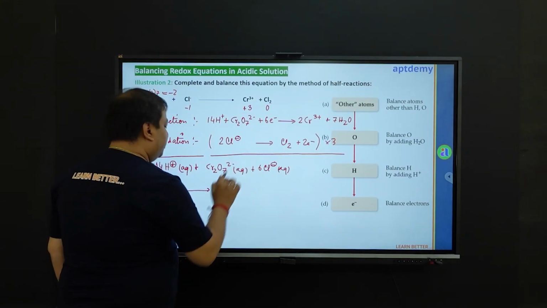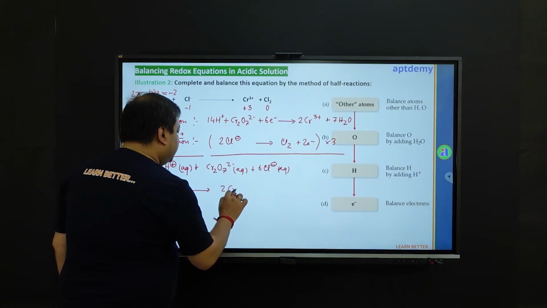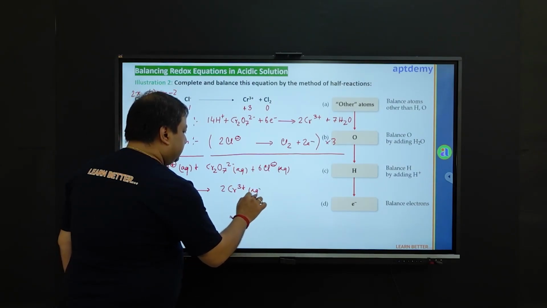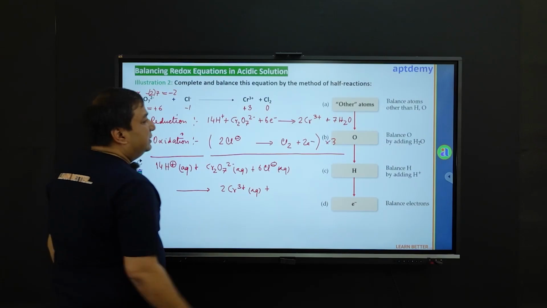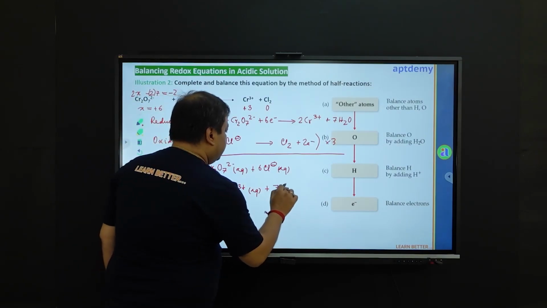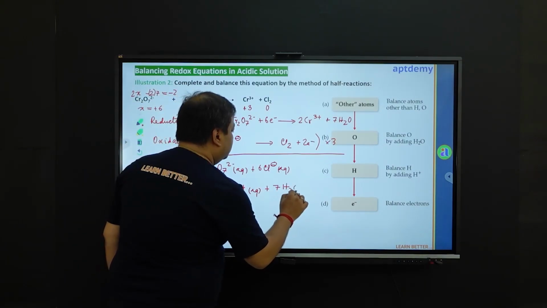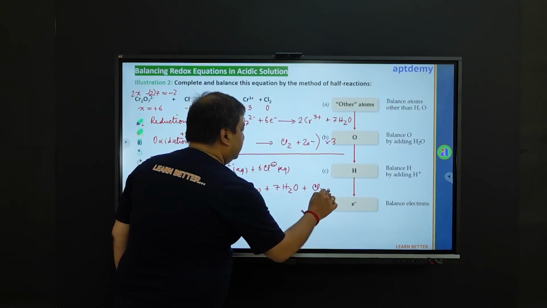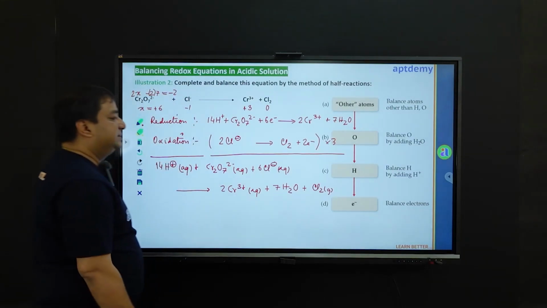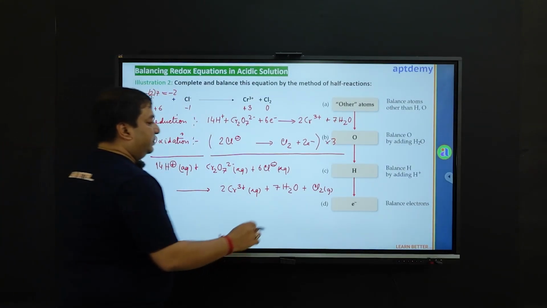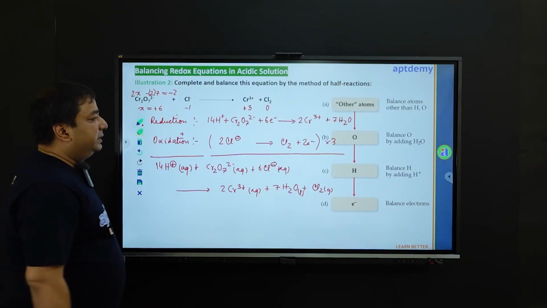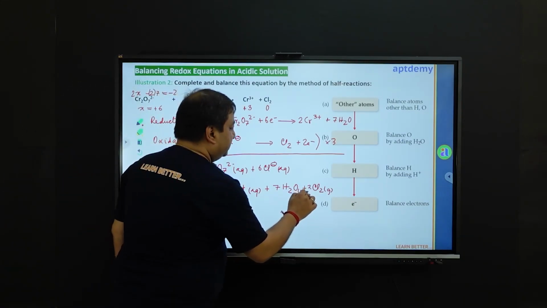Okay, and then we would write 2Cr3+ aqueous, 7H2O and Cl2 gas. Okay, for H2O we write liquid. Okay, and this should be multiplied with 3.